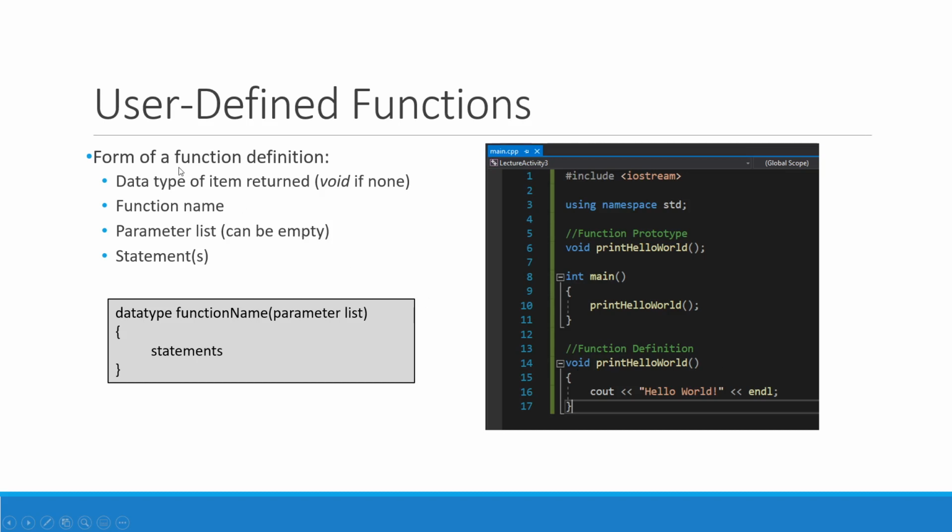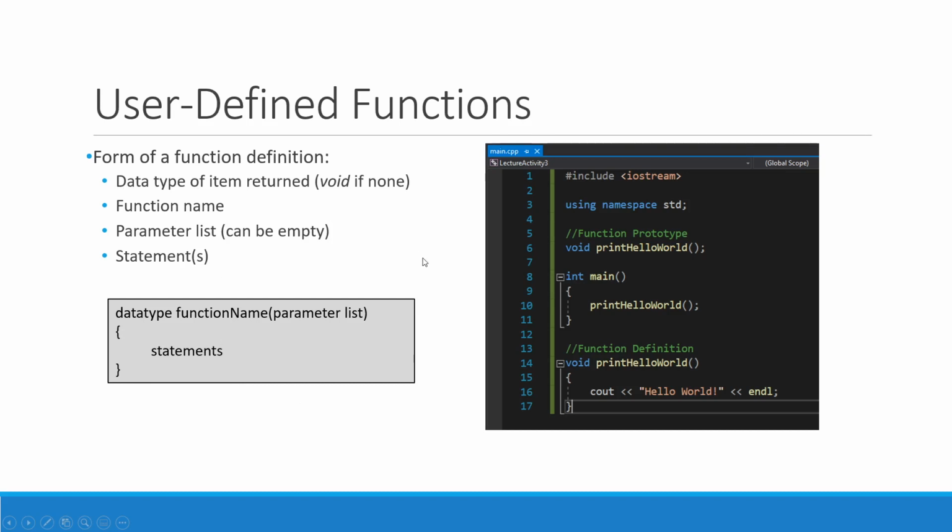So the function definition has its own parts too. So the syntax is written right here in this gray box. So we have the data type, the function name, which can be anything, and then parentheses. Inside of these parentheses, we're going to have a parameter list, okay? And then inside of the function, we have statements, okay? So data type of item returned.